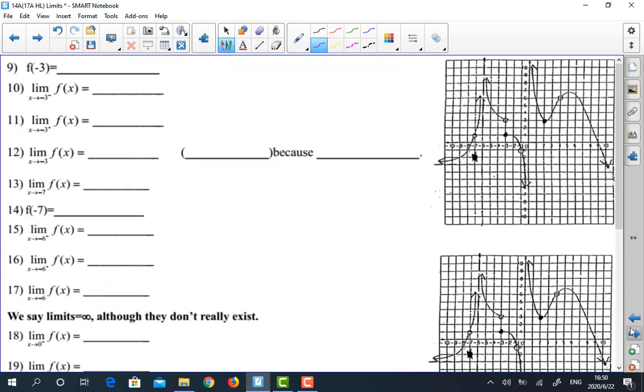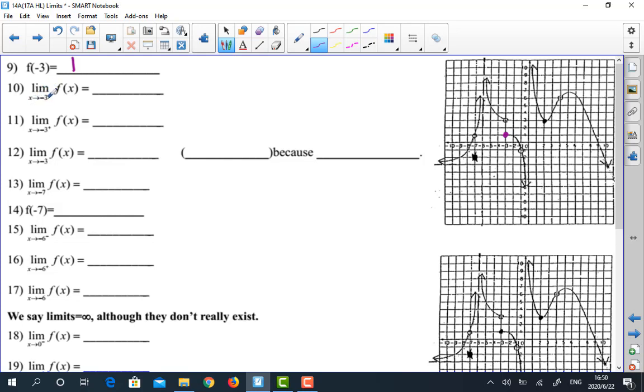Let's look at f of negative 3. F of negative 3 is here. This open dot means this y value is undefined. F of negative 3 is defined at this point. The corresponding y value is 1. Let's look at the limit value from the left-hand side and the right-hand side of x equals negative 3.